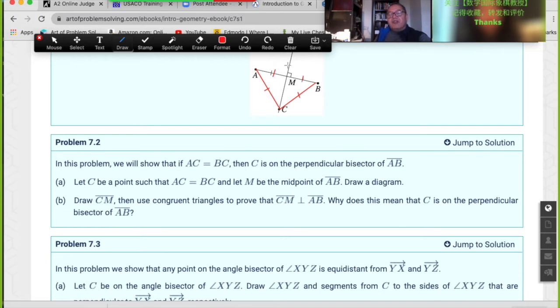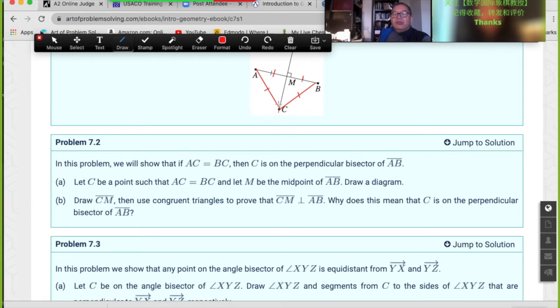Wait, this one is using the problem 7.1 diagram. This one is similar to that, but here it uses a different approach. In 7.1, they tell you M is the perpendicular bisector of AB, right? Here they did not tell you that.